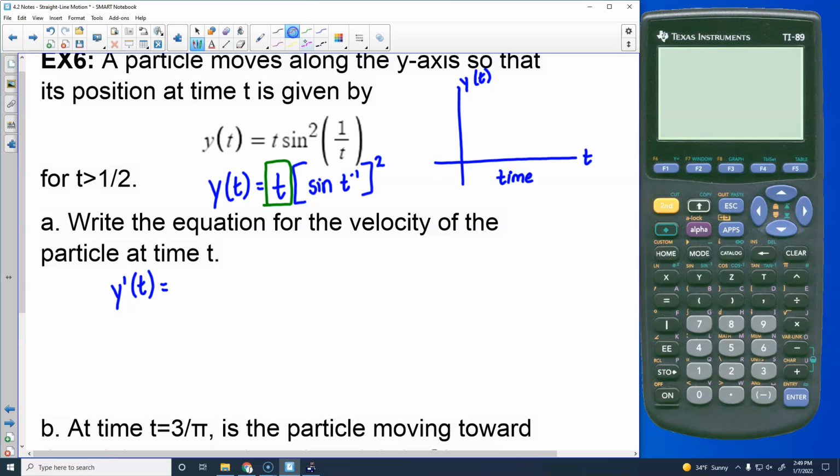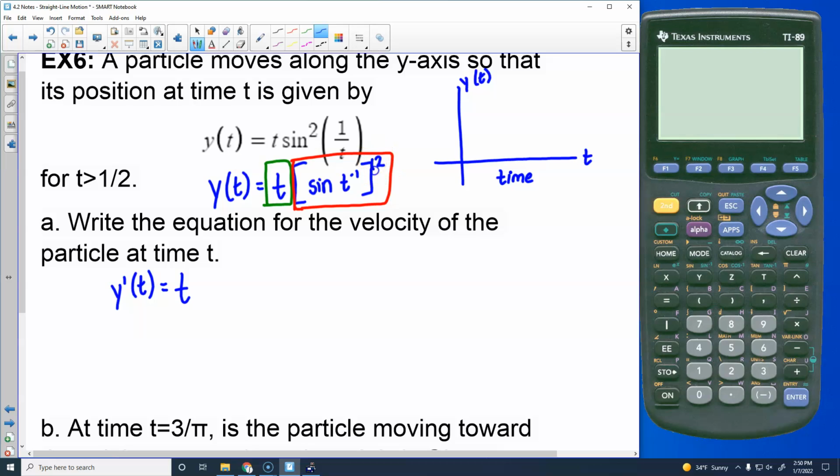I've got two things that are multiplied together. So I have to use a product rule here. Both of those expressions have t's in them, so a product rule must be used. Which means we're going to take t times the derivative of what's in that red box. Here's the more difficult part of this problem. You have to use a big time chain rule on this.